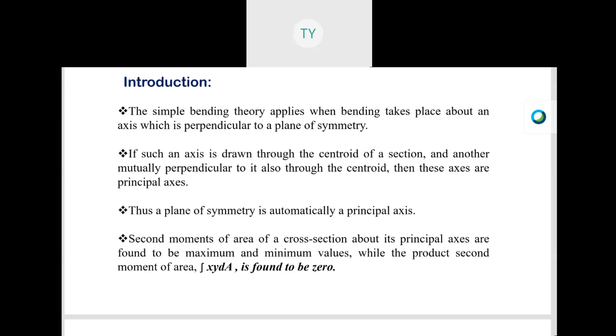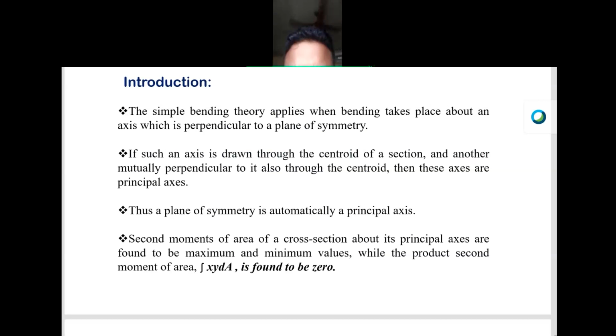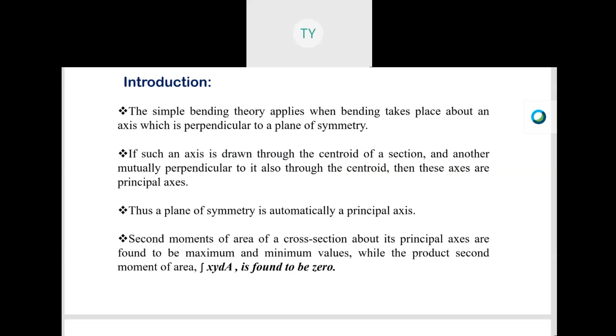Or if we cut a section across the middle part of the section, if we get an exact image of each other, then we can say that it is a symmetrical section. So for a symmetrical section, it is not much difficult to solve any numerical and such things. But for an unsymmetrical section, we need to follow some other different things. Okay. So we will discuss that. What is unsymmetrical?